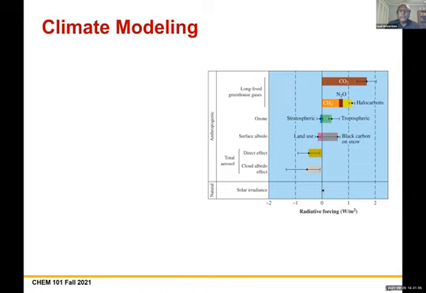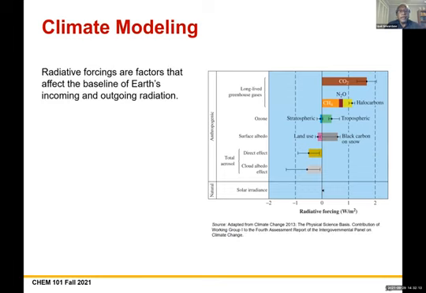So we come up with models of the changes in heat, infrared absorption and reflection from the Earth. We calculate what we call radiative forcing.